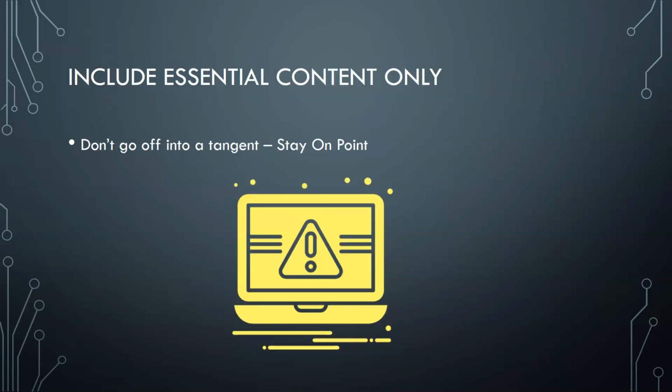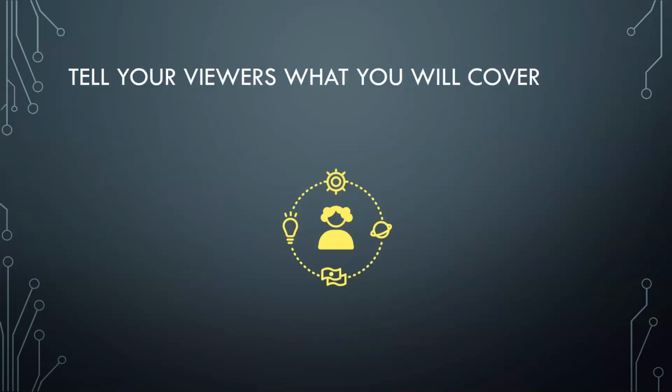Right. And going along with this, when you're creating your videos, include just the essential content. It's best to have your idea for your video mapped out in advance so that there aren't any tangents and the students don't get confused with what the direction of the video is. So the main goal is just to stay on point, stay focused on whatever the main objective for your video is, so you're able to keep that going in a really short, succinct manner.